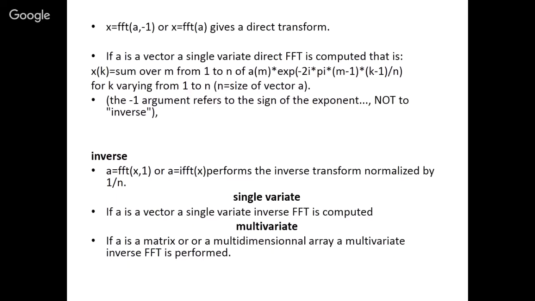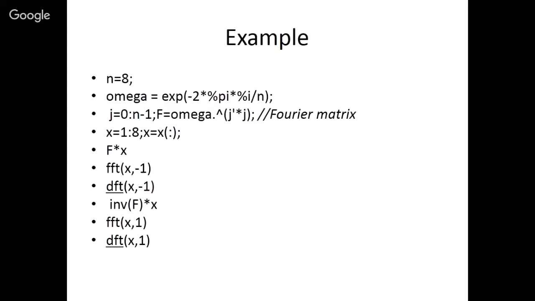I will not go into very much detail of FFT. So here also the same is your FFT. If it is -1, then it is FFT, and if you give +1, that means you are calculating the IFFT. So this is just an example, which we will definitely run. Here n is equal to 8, that is the order.